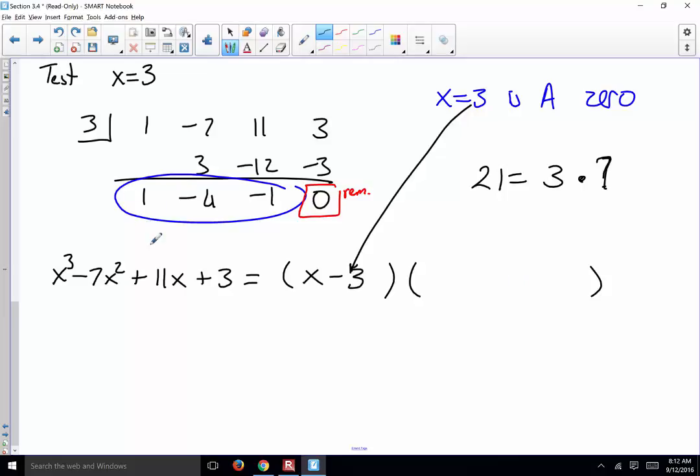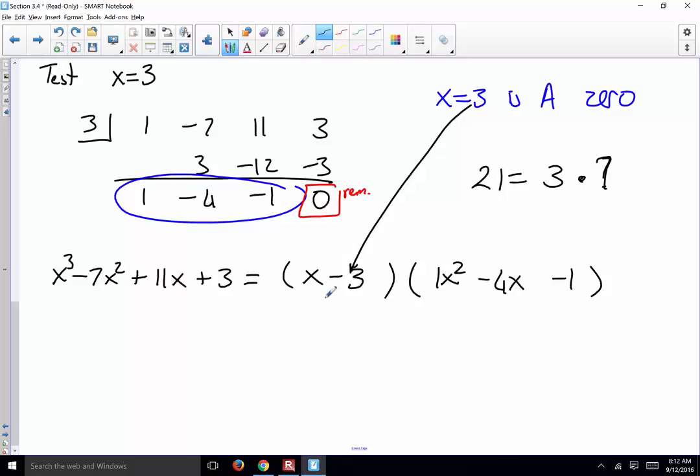They are here. 1, minus 4, and minus 1. How do you write this up? Every time you go left, you raise the power of x by 1. First power, second power. So the missing part is this guy now.